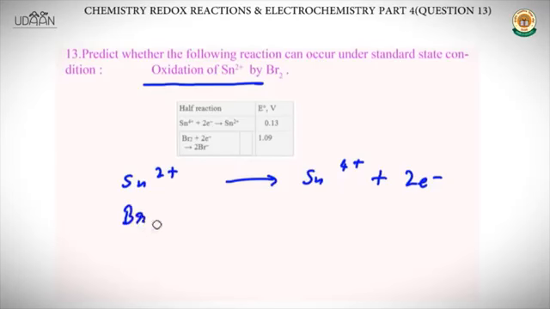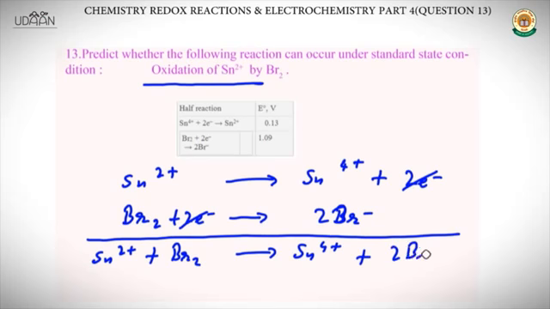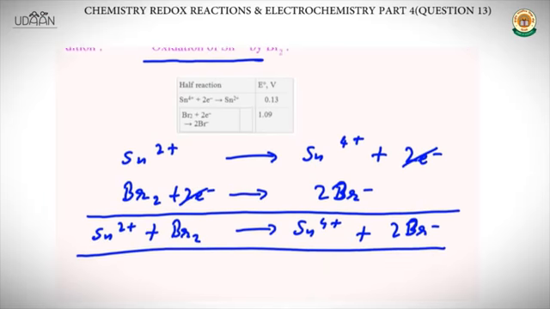Hence, Br2 would be reduced to 2Br-. From here, we can write the net reaction. These two electrons would be cancelled, and Sn2+ plus Br2 gives Sn4+ plus 2Br-. So this is our full reaction.